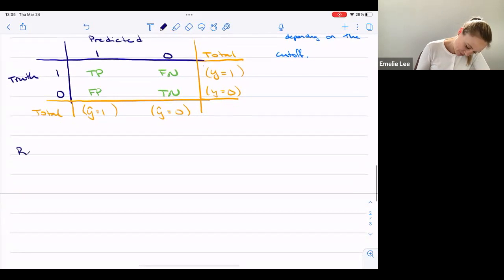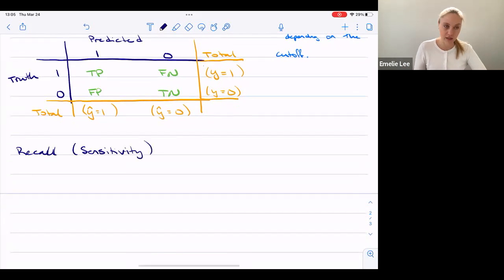So the recall of a model, right? This is how we assess the models, which we called sensitivity in Data Science 300, because that's what the text uses. So if you've got that memorized, it's okay.